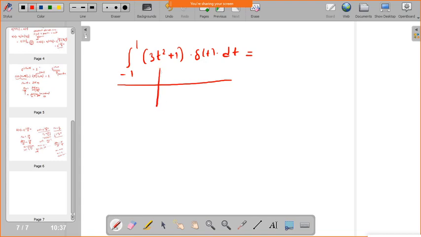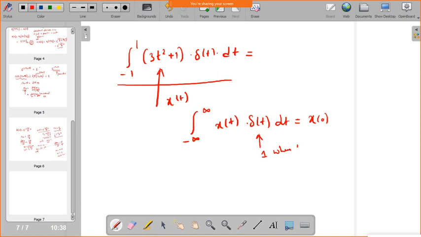So just assume this as x of t, your signal. Now what is our property of the delta signal? The integral from minus infinity to plus infinity of x of t into del of t into dt, what will you get? x of 0, right? Because this delta function is 1 only when t equals 0.